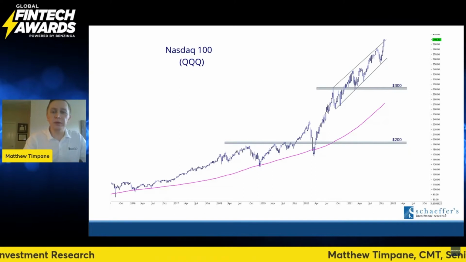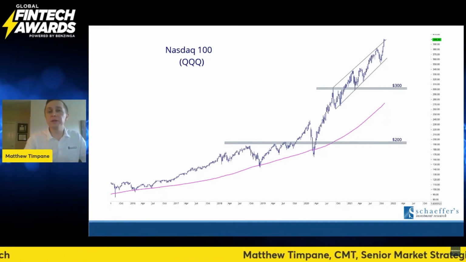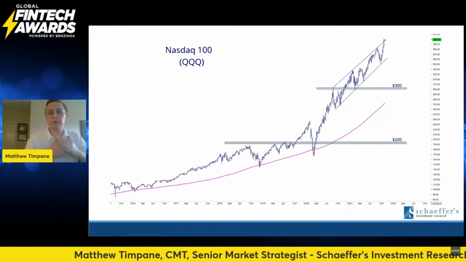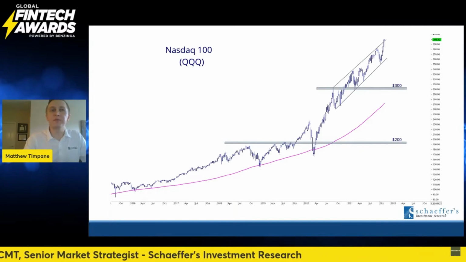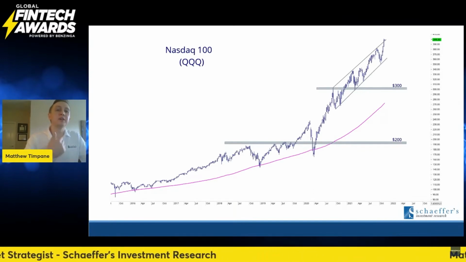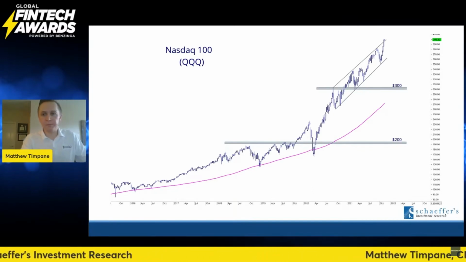If we did for some reason ever get a move back down there, even though those daily charts and intraday charts may look horrible, you might want to place a few more speculative bets at that time because you can really see some upside.